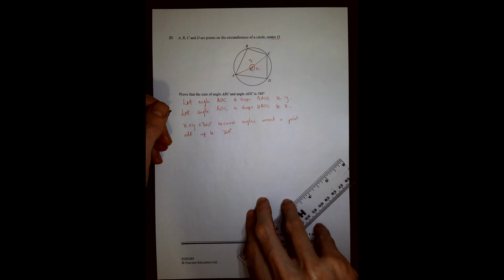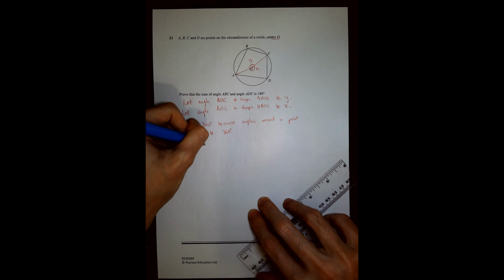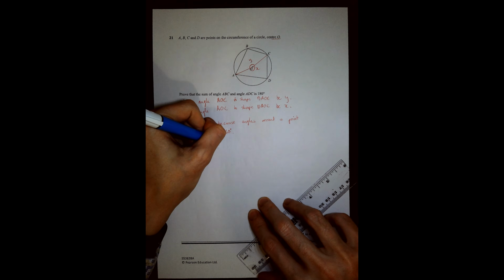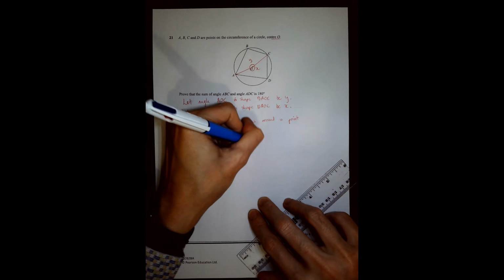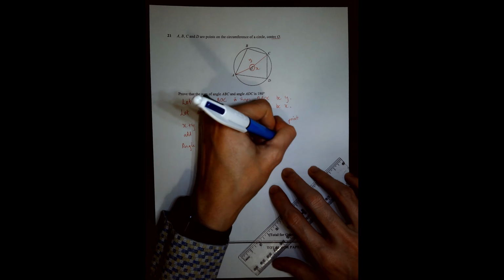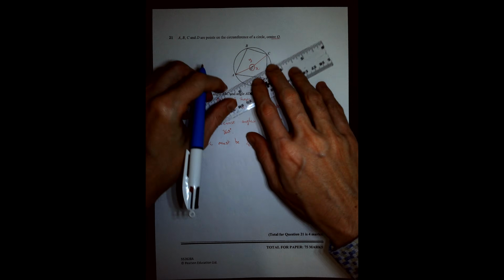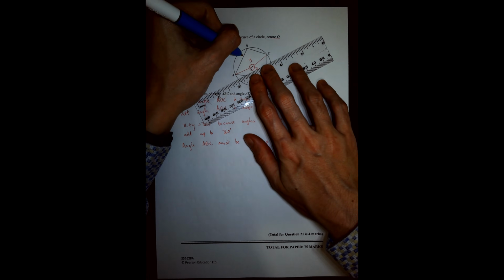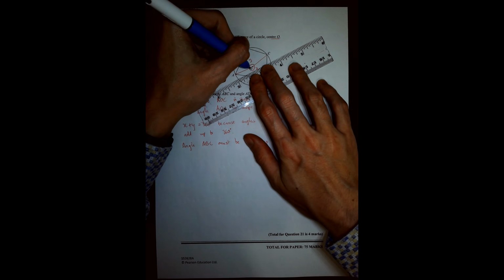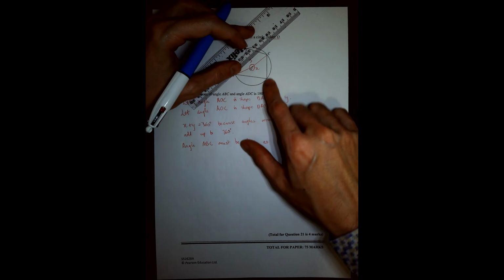Now, angle ABC, this angle here, must be a half of X, as the angle at the circumference. If we forget about these two lines here, we've got what is kind of like an inverted arrowhead, and it's more obvious if you forget about these two lines initially.